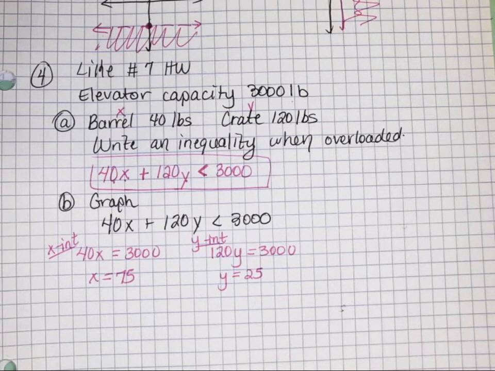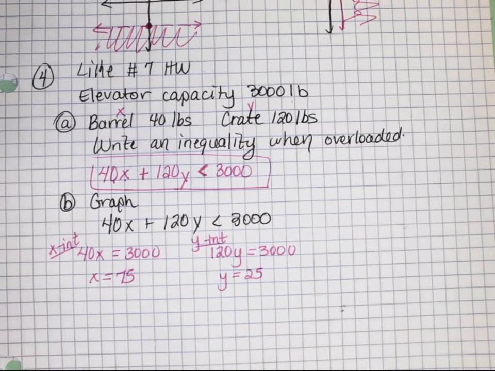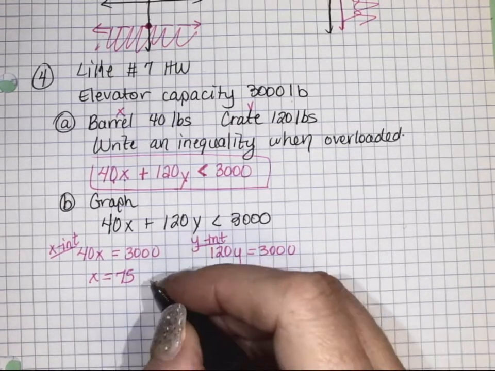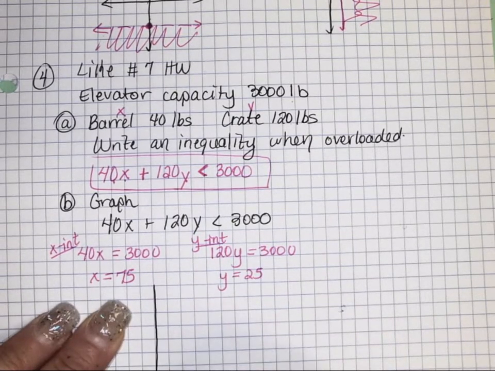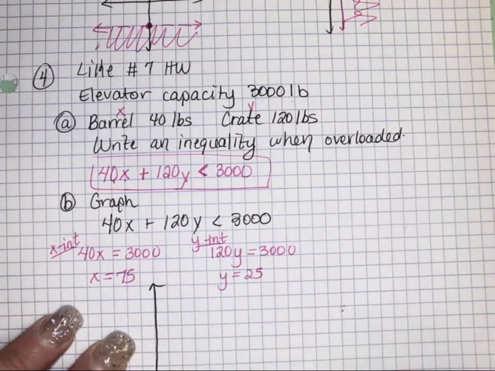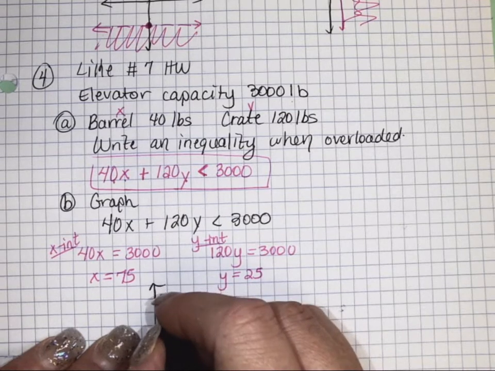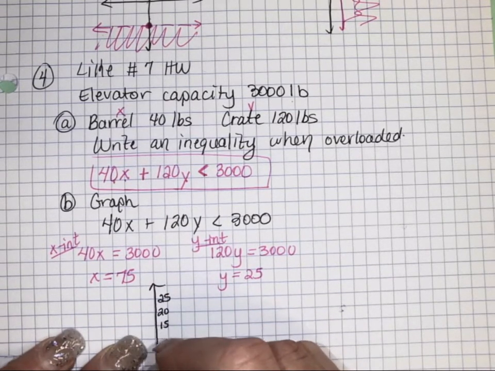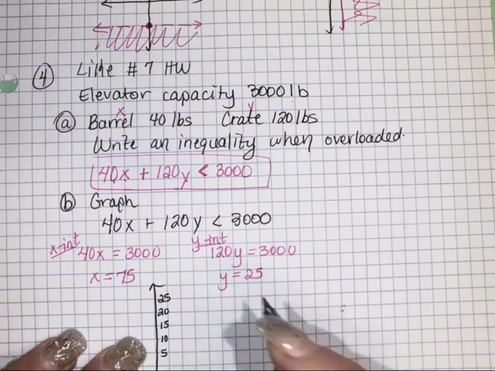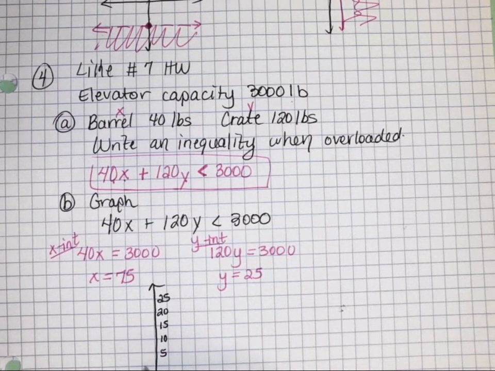To make this easy on you, you can definitely go by 5s if you want to, since 5 will go into both of those. So let's do that. I'm going to say that this is 25, 20, and 15, 10, 5, and then 0.